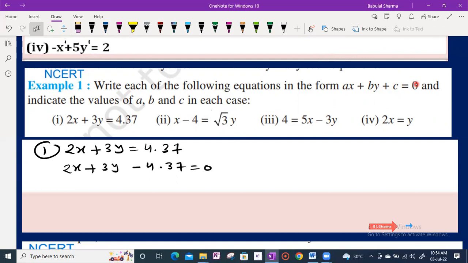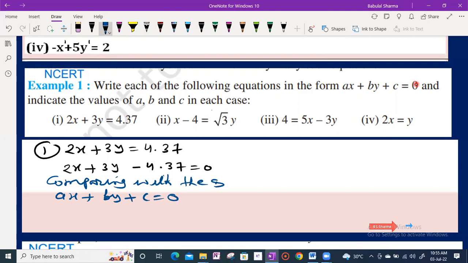ये हमारा स्टैंडर्ड फॉर्म में हो गया बिकॉज ऑल द टर्म्स आर लेफ्ट ऑफ 0, लेफ्ट ऑफ इक्वलिटी. नाउ कंपेयरिंग विथ, अब हम इसको कंपेयर करेंगे. Now comparing with the standard form, that is ax plus by plus c is equal to 0.